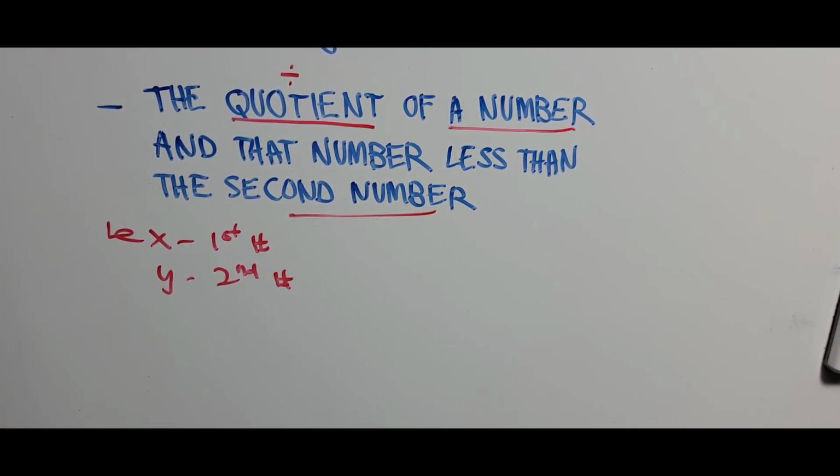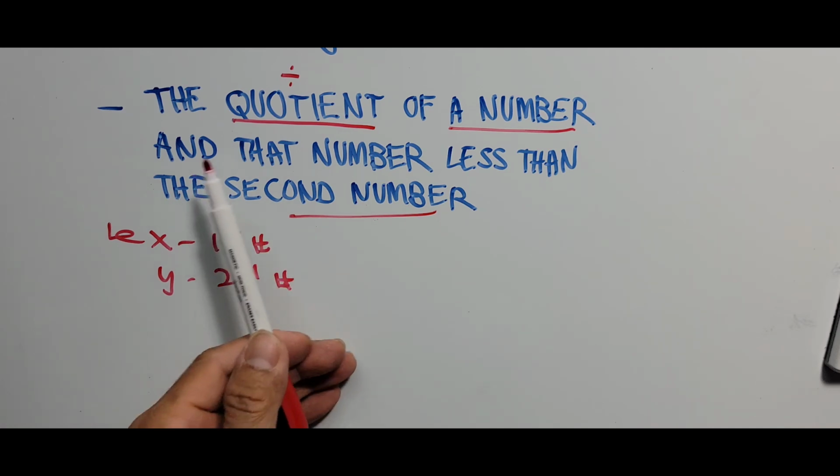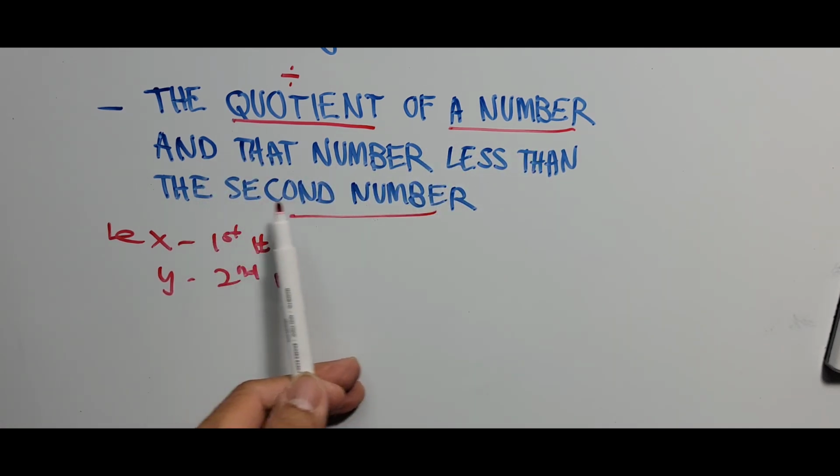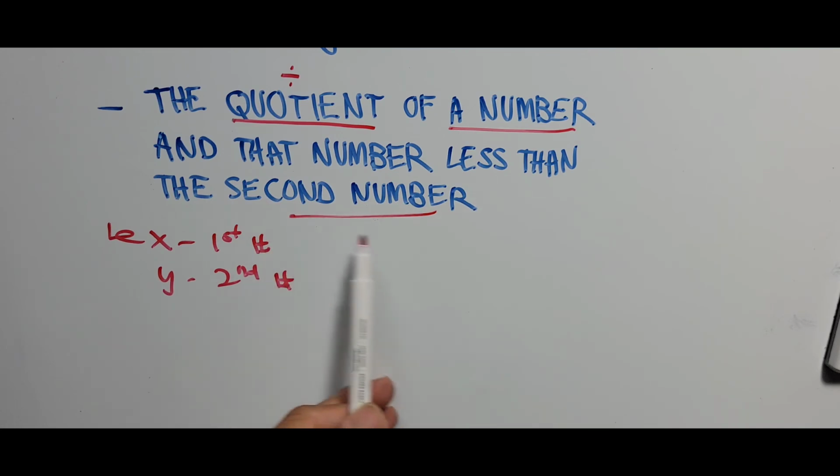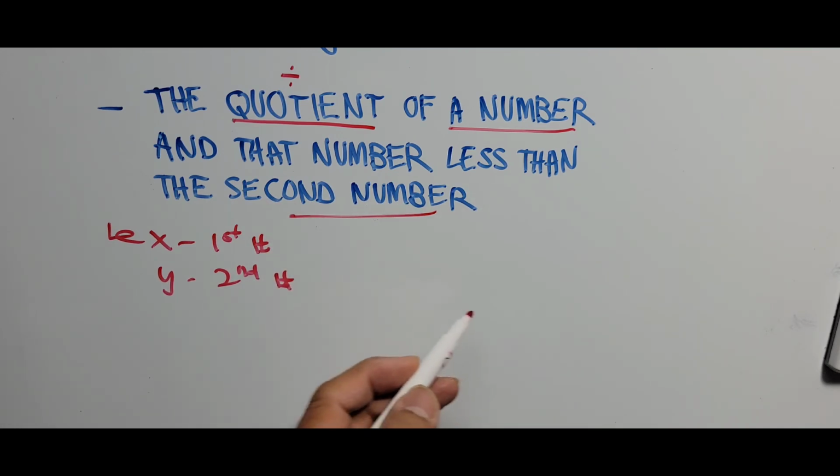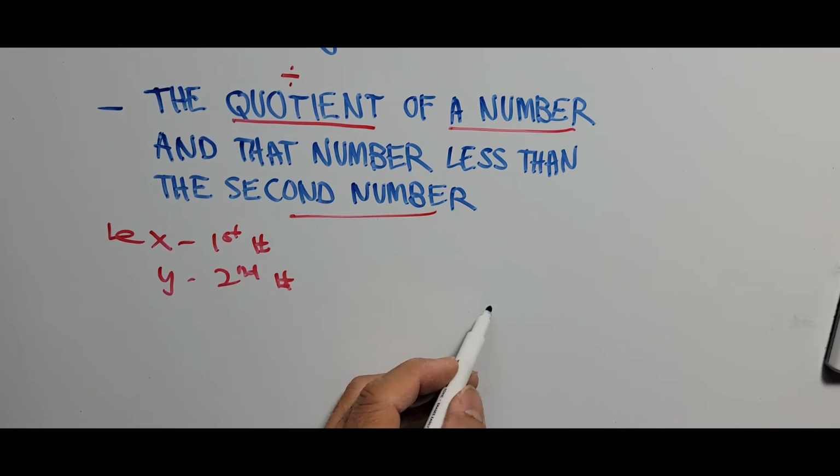It's kind of complicated, but all right, we can figure that out. So this is easy math, remember. The quotient of a number and that number less than the second number. So first, we have to write down the division variable here so we can clearly identify what those numbers are we're talking about.